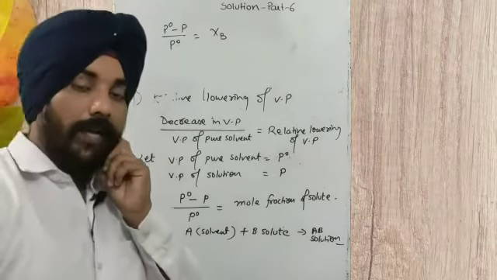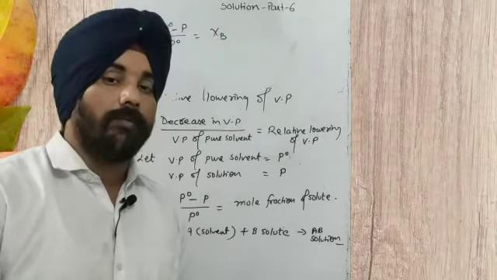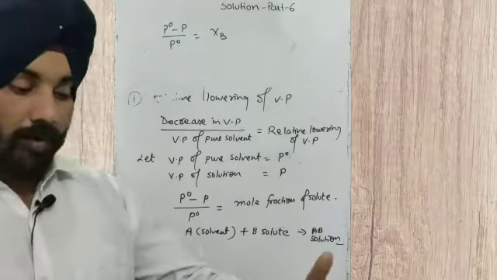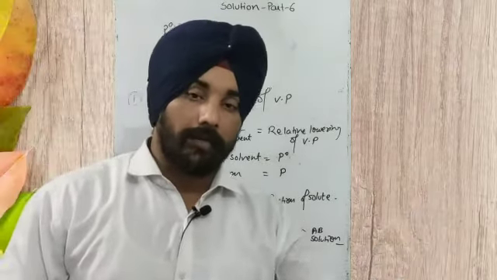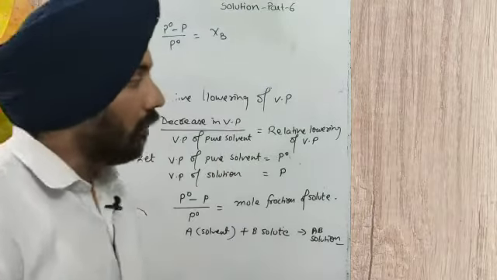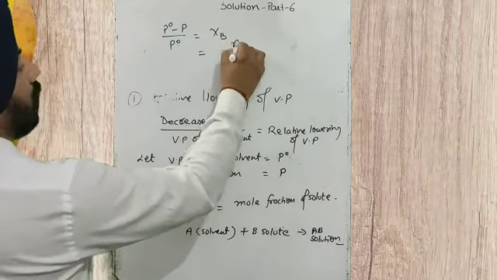And what is the mole fraction of any of the components? If you are adding together two components, any one component's mole fraction is equal to the number of moles of that particular component upon the number of moles of the solution. So what will be the number of moles of B?